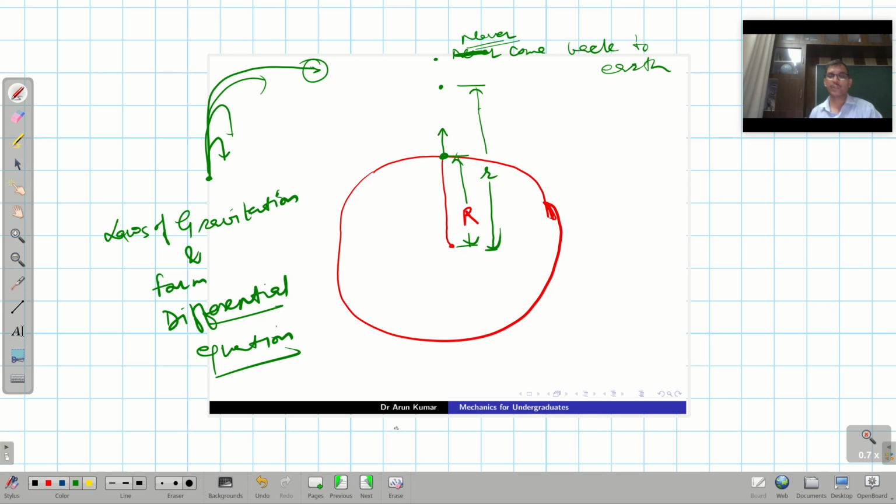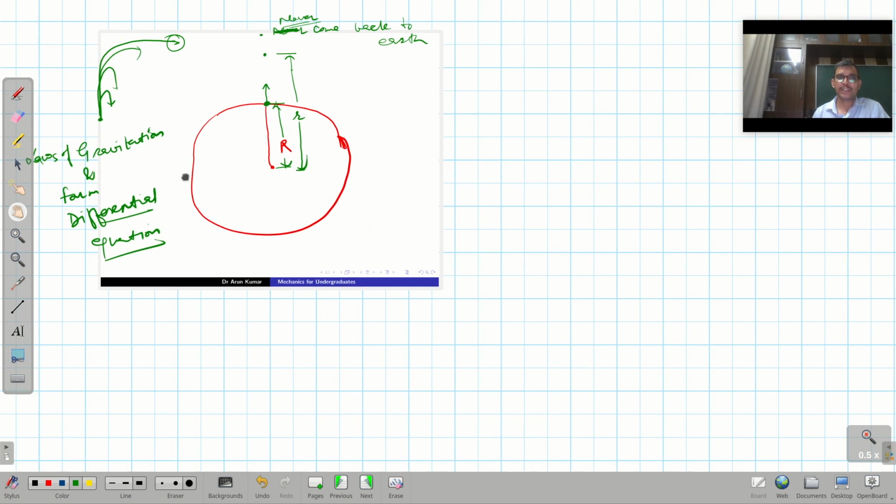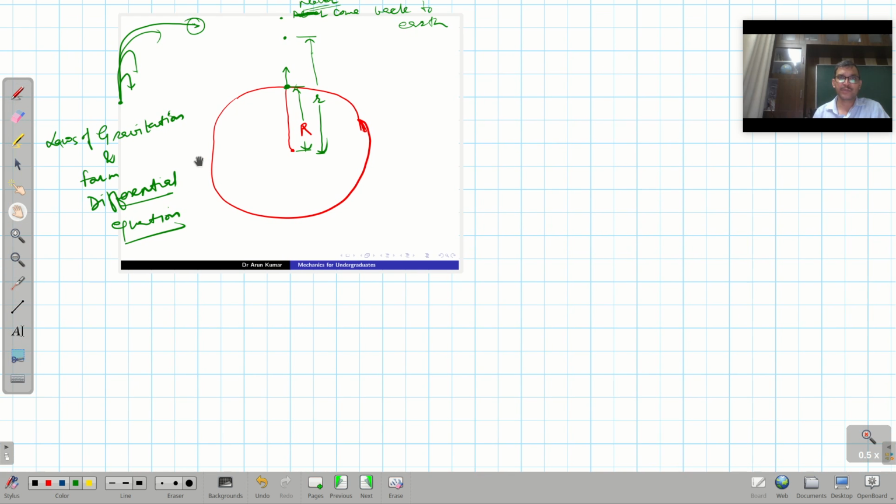So let us recall the law of gravitation first of all. According to the law of gravitation, I am considering that object which is thrown from this point whose mass is small m, and capital M is the mass of earth.